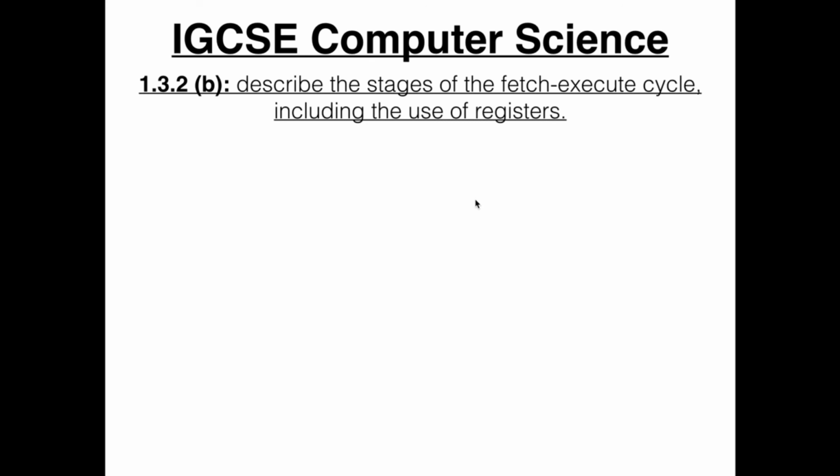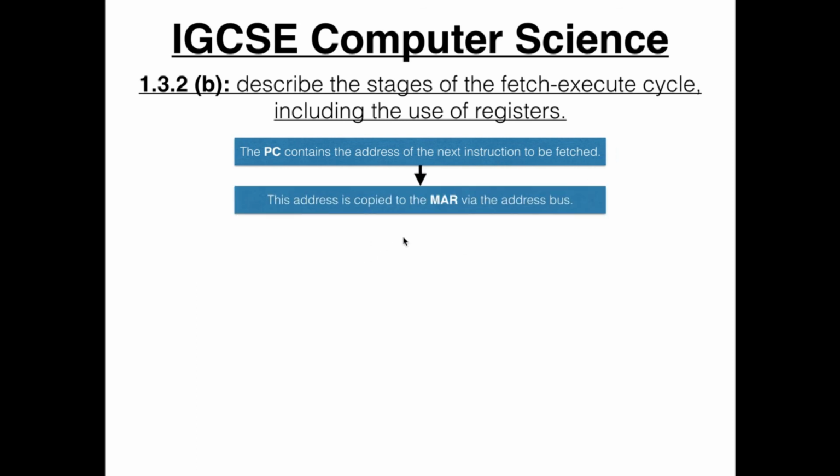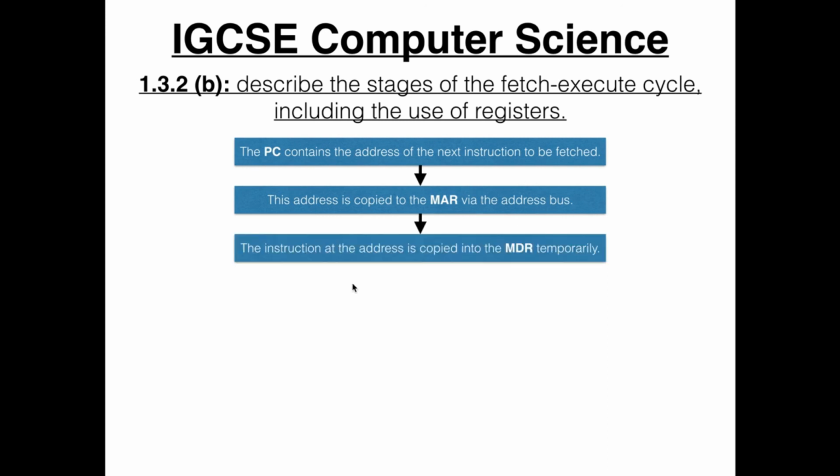So the fetch execute cycle. This is how it works. The program counter, the PC, contains the address of the next instruction to be fetched. This address is then copied to the MAR via the address bus. The instruction at the address is copied into the MDR temporarily, the memory data register.